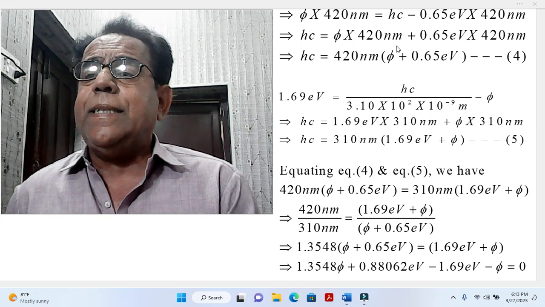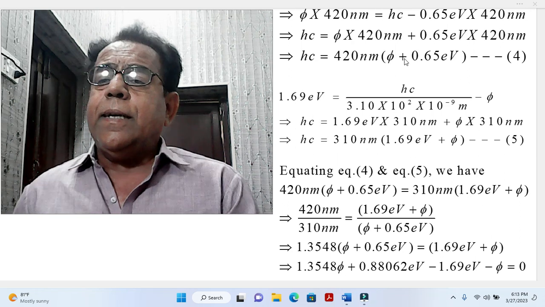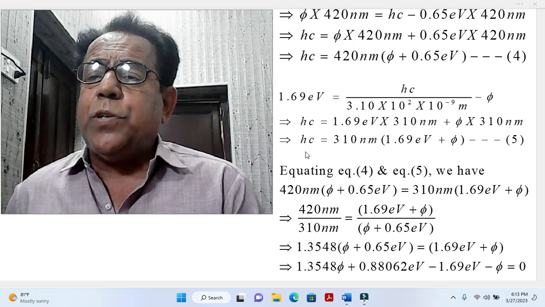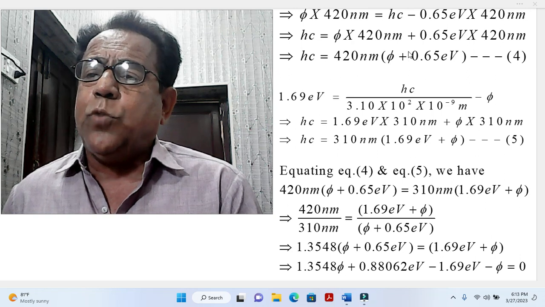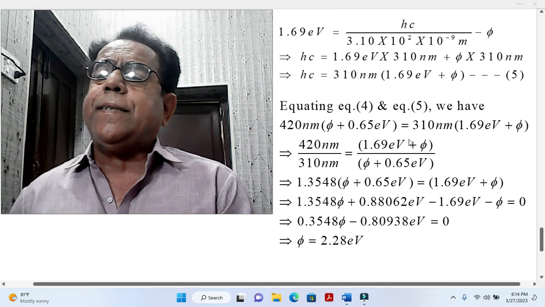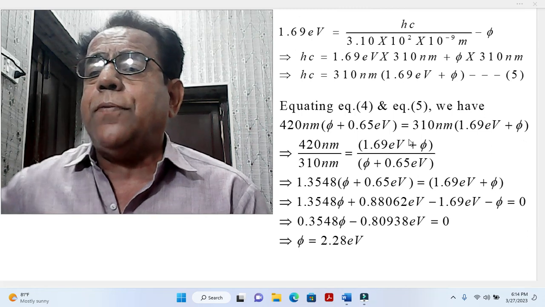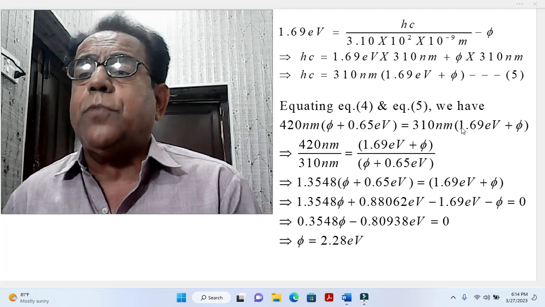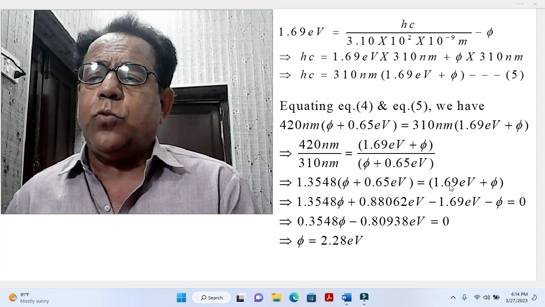This is equal to Hc and this is also equal to Hc. So when left hand sides of equation number 4 and 5 are equal, then definitely right hand sides of equation number 4 and 5 are also equal. So we are just equating the right hand sides of equation number 4 and 5, and we have this equal to this.